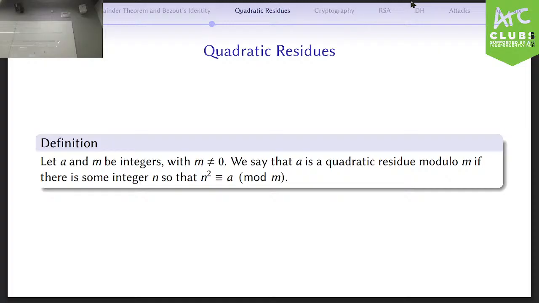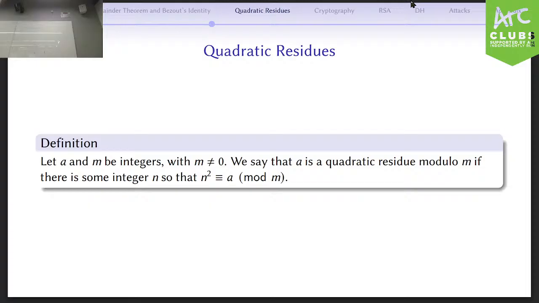So 1 is a quadratic residue modulo 3. 2 squared is also 1 mod 3. And then 3 squared is 0 mod 3. So basically from here, afterwards it just starts repeating, right? From here you can see that 1 is a possible remainder and 0 is a possible remainder, not 2. So we'll just say the quadratic residues modulo 3 would be 0 and 1.